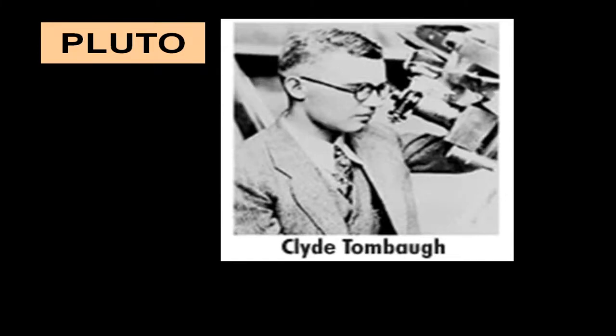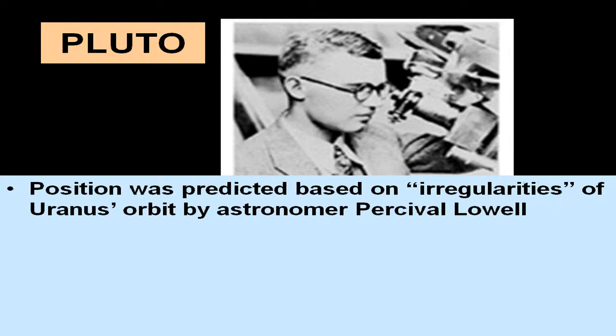Pluto was discovered by Clyde Tombaugh. Its position was predicted based on irregularities of Uranus's orbit by astronomer Percival Lowell. Percival Lowell was the premier astronomer of his day, and his apprentice was Clyde Tombaugh.